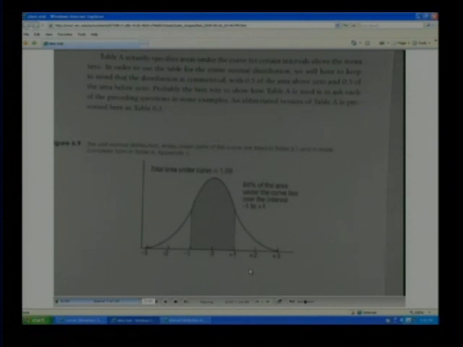And again, I can't emphasize this enough, that when you start working with the z-score, the table in the textbook is going to give you some information. It will tell you the distance between the mean and whatever value you're looking for. Half of the distribution is on this side and half of the distribution is on the other side of that, so it adds up to a full area of 1.